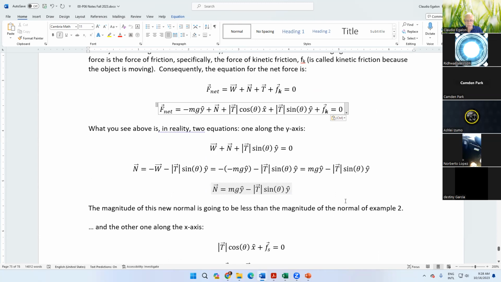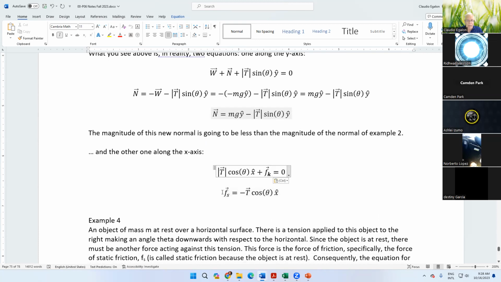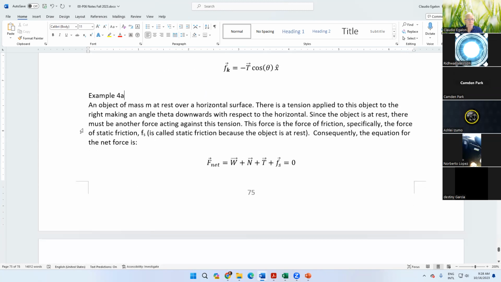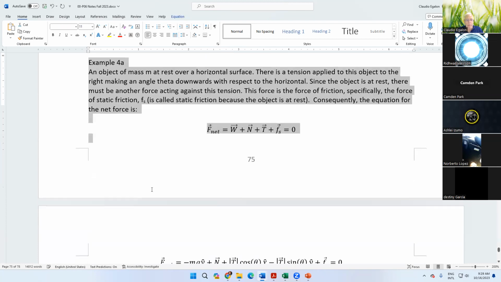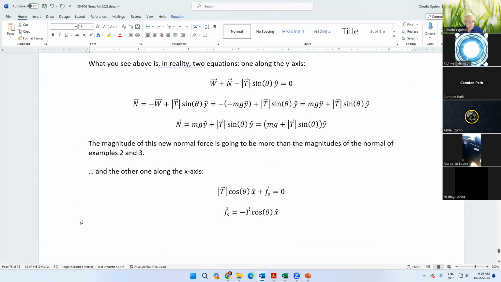One more, let's see. Here you go, this one. And we do the same here. Now the tension is downwards, right?